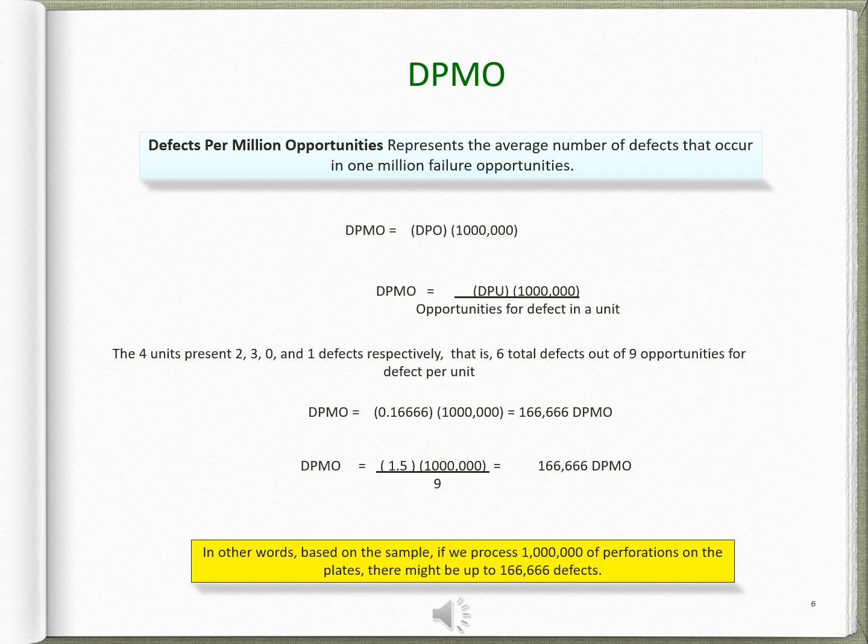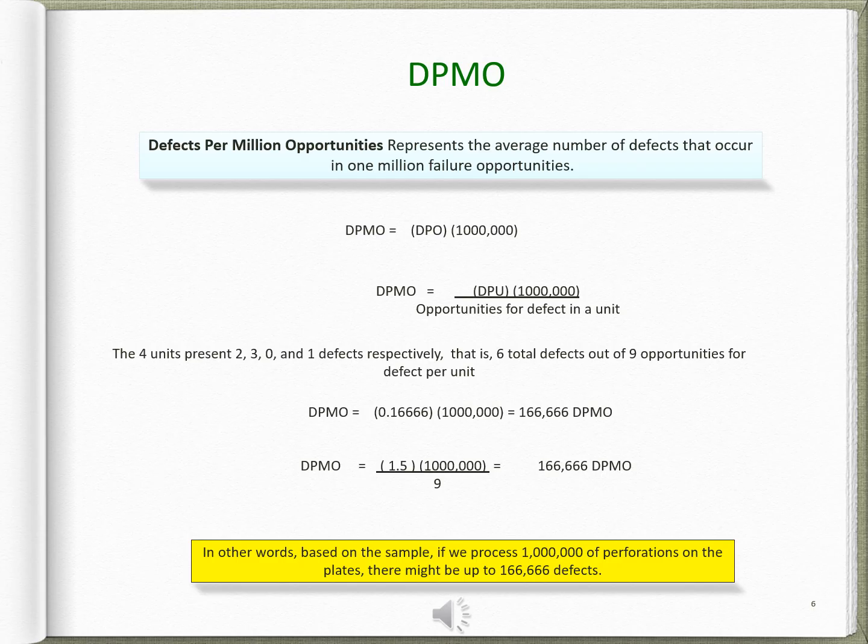DPMO stands for defects per million opportunities. It represents the average number of defects that occur in 1 million failure opportunities. DPMO is obtained by multiplying the DPO by 1 million. Alternatively, DPMO is calculated by dividing the product of DPU times 1 million by the number of opportunities for defect in a unit. In our example, the 4 units present 2, 3, 0, and 1 defects.